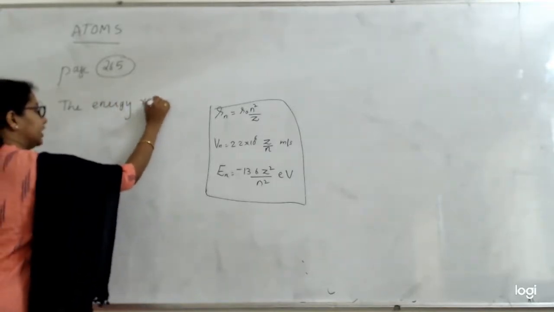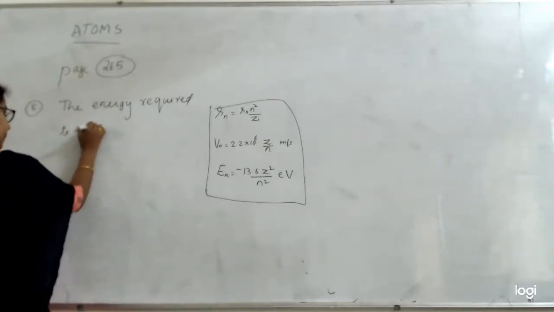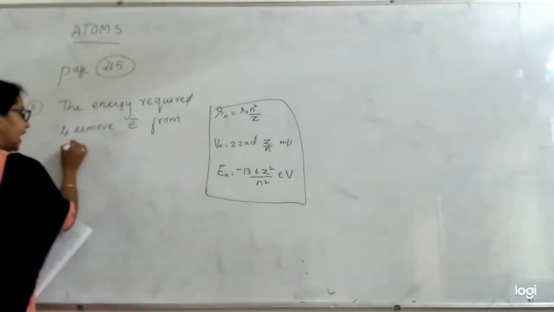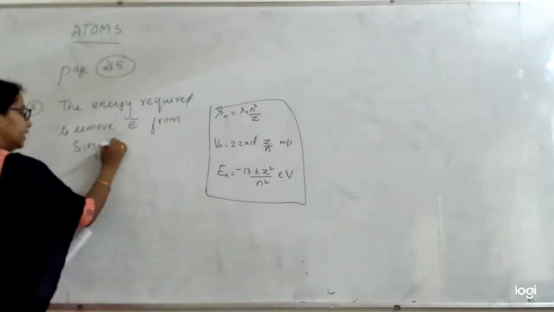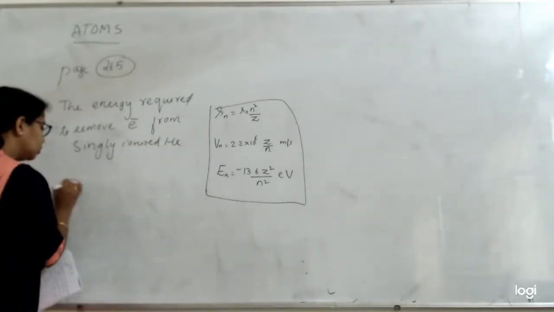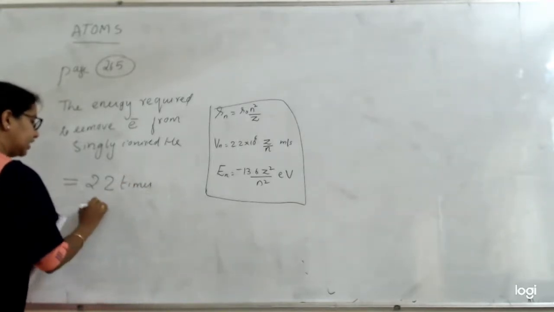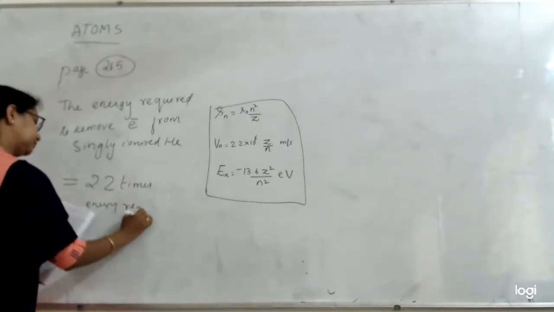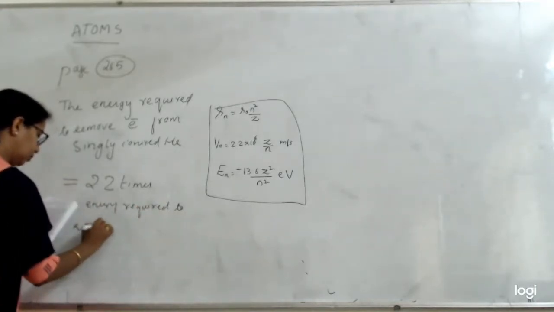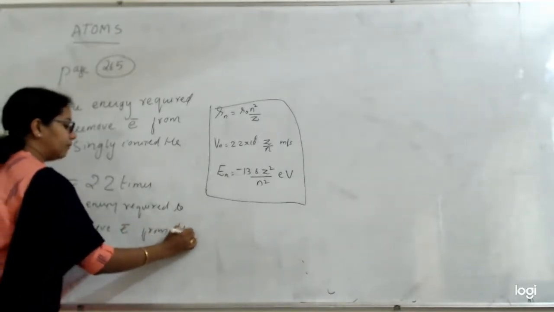The energy required to remove an electron from singly ionized helium is equal to 2.2 times the energy required to remove an electron from a helium atom.